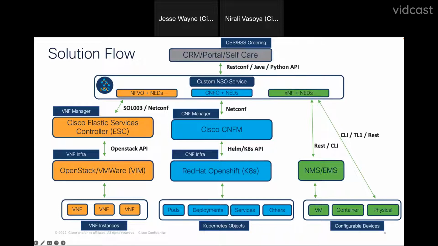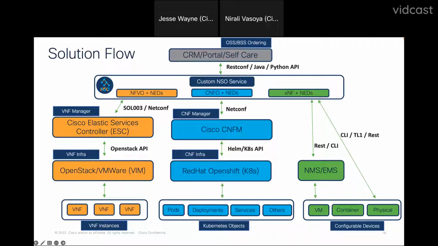In terms of NFVO, the stack looks pretty much how ETSI SOL defines it. So you have your VNFM, which is a Cisco ESC in this case, and the integration happens via SOL3 or NETCONF interface.